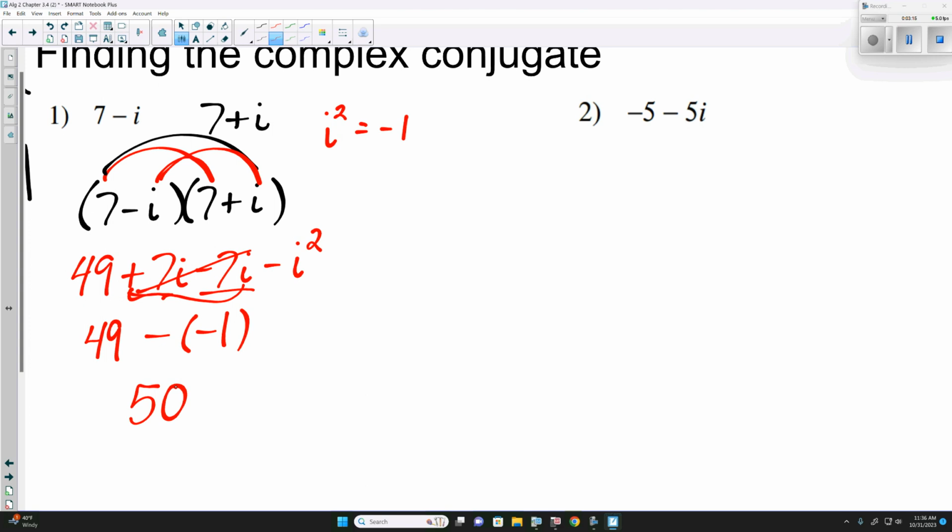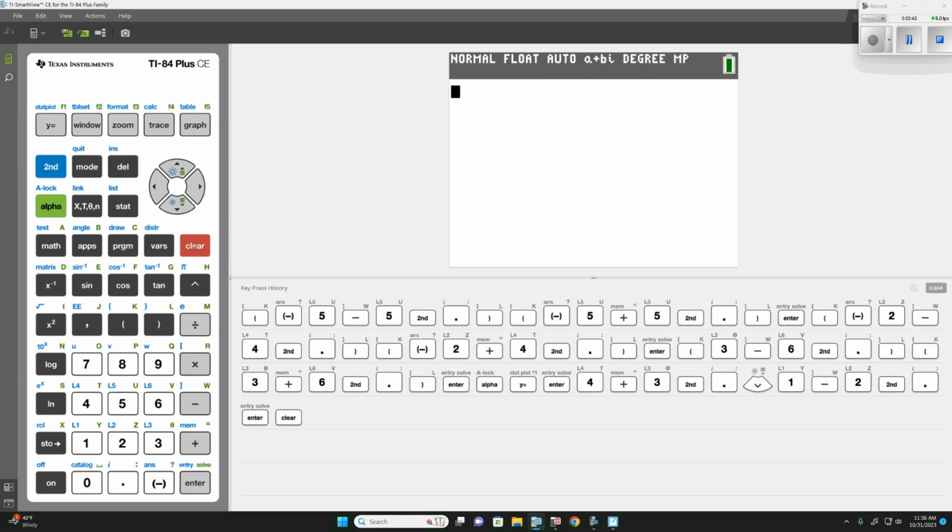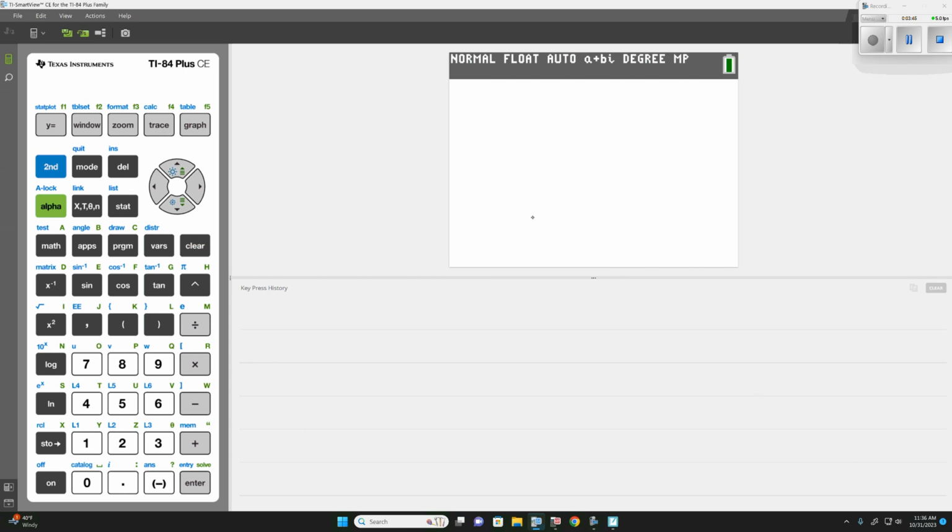Now if we look at the next one, negative 5 minus 5i, its complex conjugate would be what? Negative 5 plus 5i. Then would you do negative 5 minus 5i times negative 5 plus 5i? Either order, yes. Because we could have done the negative 5 plus 5i first, then negative 5 minus 5i. We can multiply them together. Now, we could do this in a calculator.